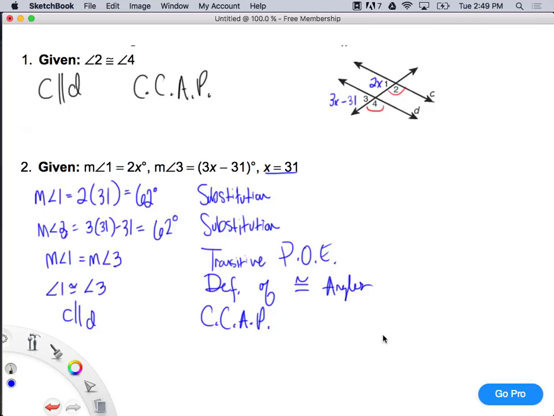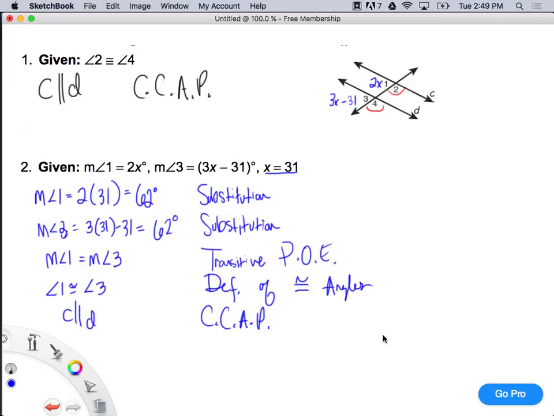Do you guys understand what I'm showing you here? These same things apply to alternate interior angles, alternate exterior angles, same side interior, and same side exterior. If I'm proving the lines are parallel, I go through the same exact process for the different pairs of angles.